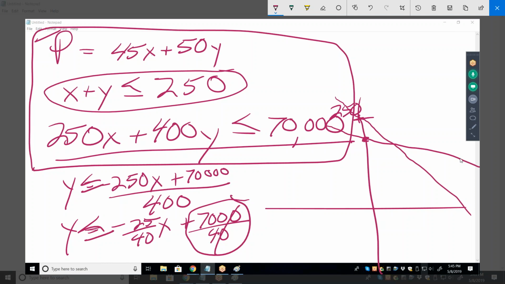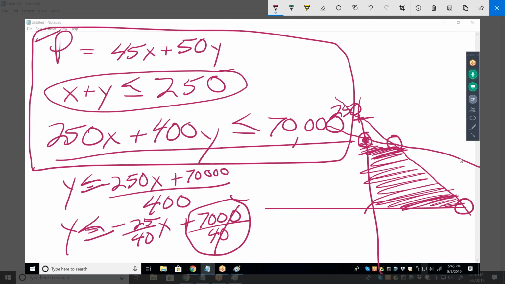So I'm shading the lower left also. So our feasibility region is right there. Our optimum answer is going to come either there, there, there, or there. One of those 4 vertices.